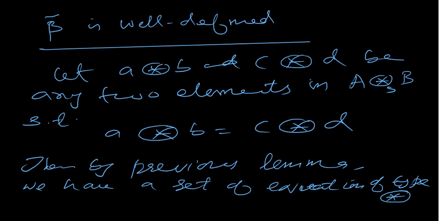Now we have to show that their images are equal. The image of a tensor b is beta of (a, b), and the image of c tensor d is beta of (c, d). So we need to show that beta of (a, b) is equal to beta of (c, d).